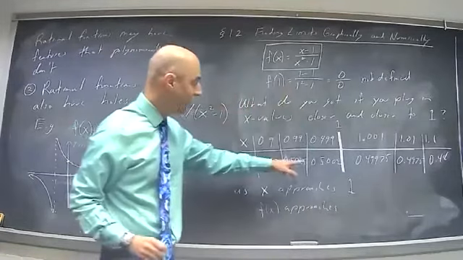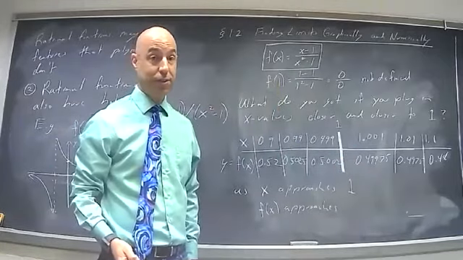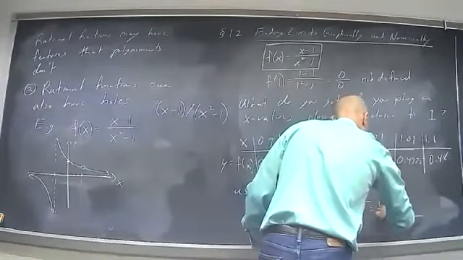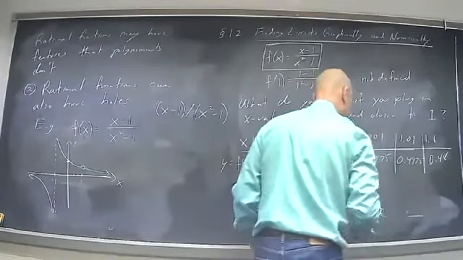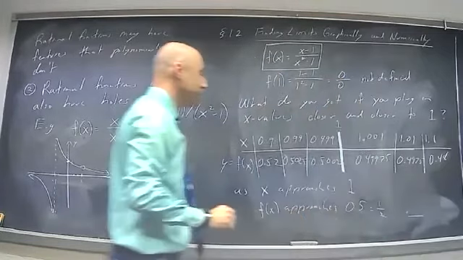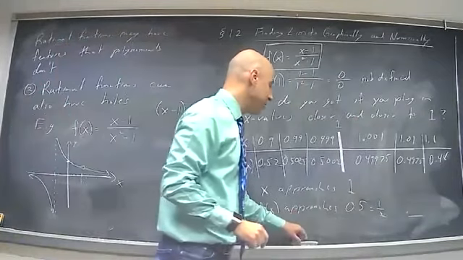What number are we getting closer and closer to? 0.5, right. 0.5 or 1/2. You can write it however you want. As x approaches 1, f of x approaches 0.5.